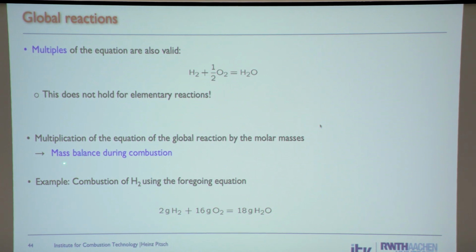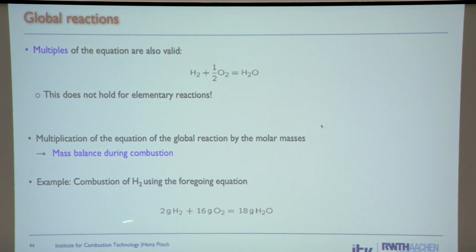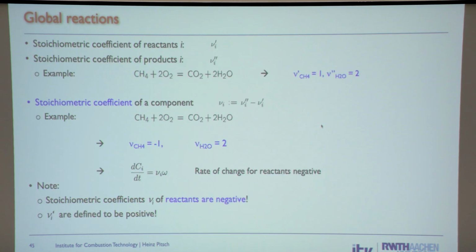You can also write this in terms of mass by multiplying by the molecular weight, and you get a reaction based on mass. But of course, it's much easier to do it this way. Now, about nomenclature. When we write this in more general terms, we use the Greek letter nu for the stoichiometric coefficient. Nu prime means the reactant, and nu prime prime means the product.